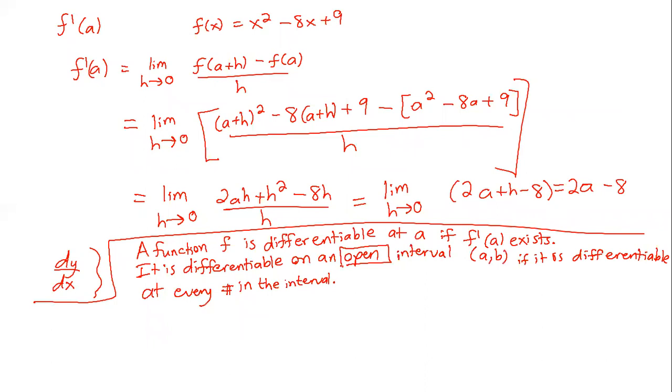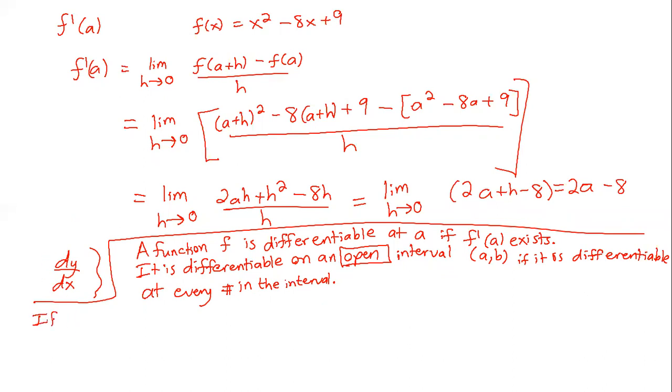Note that I highlighted the word open here. This removes the concern about what happens at the endpoints. We're going to call this differentiable on an open interval if it's differentiable at every number in the interval, so I don't have to consider endpoints in this.